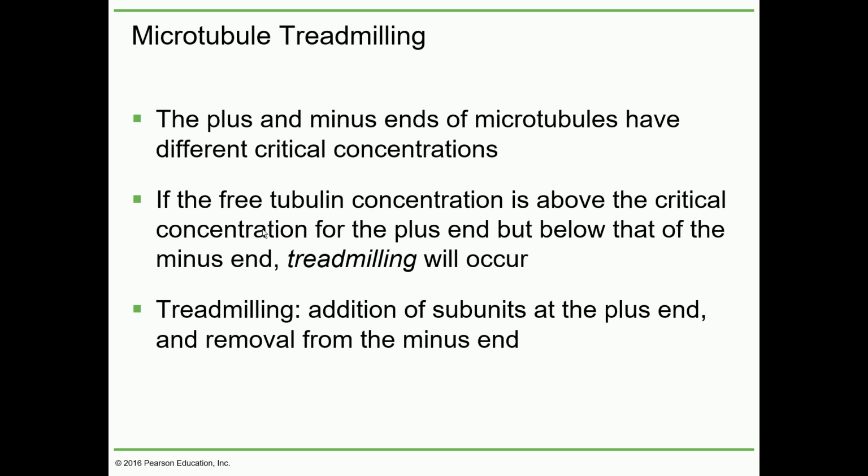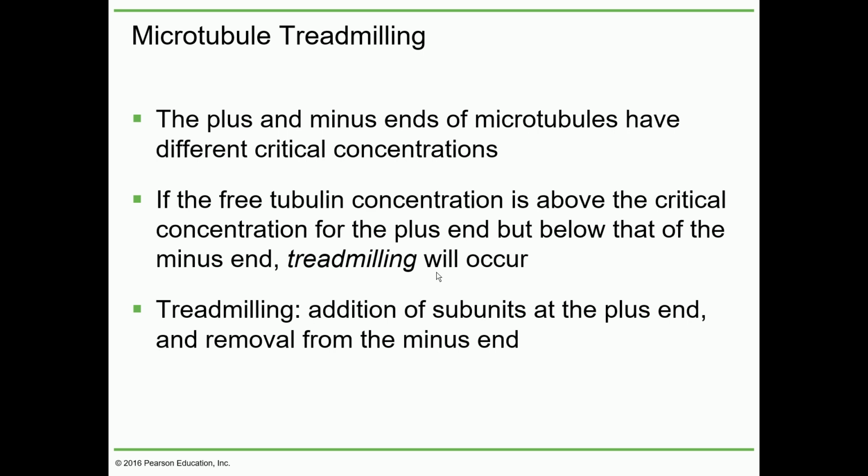If the free tubulin concentration which is available is above the critical concentration for the plus end but below that of the minus end, then what will happen? The process of treadmilling will occur, which means that there are two ends of the microtubules, plus end and the minus end.